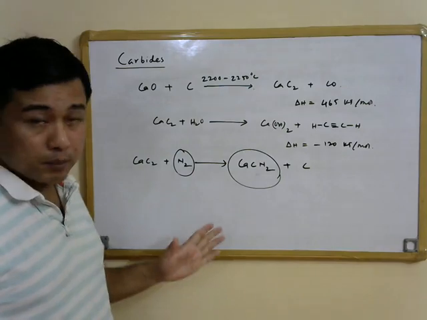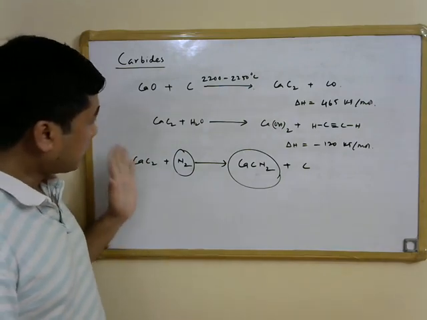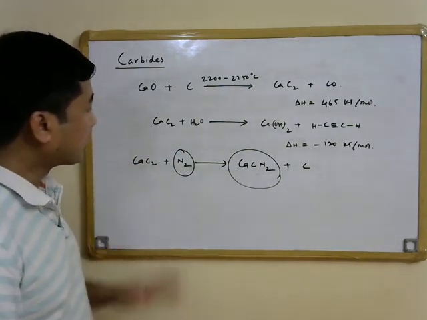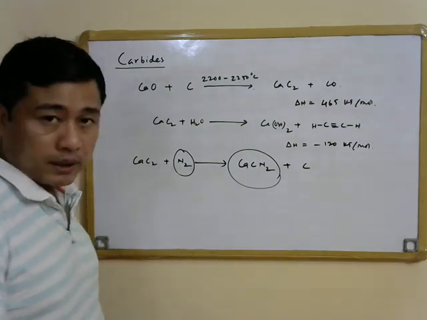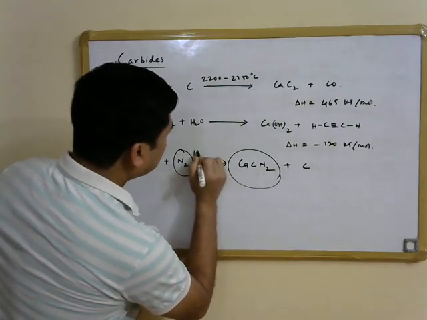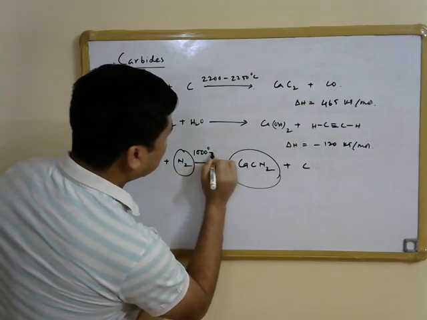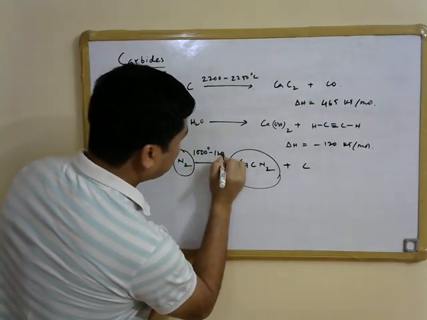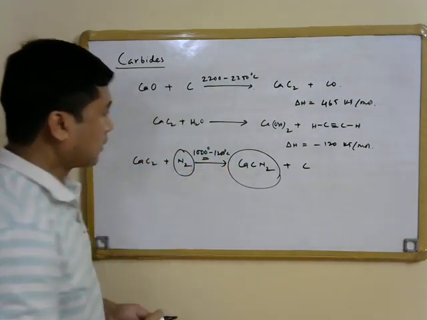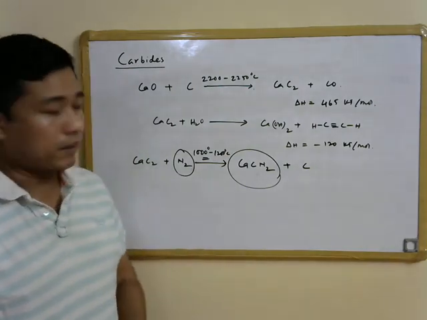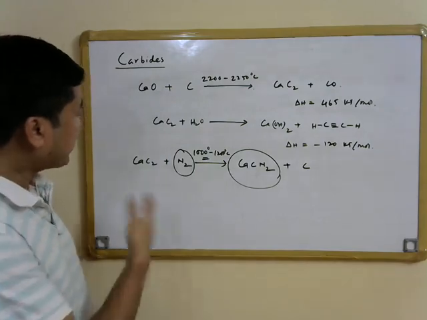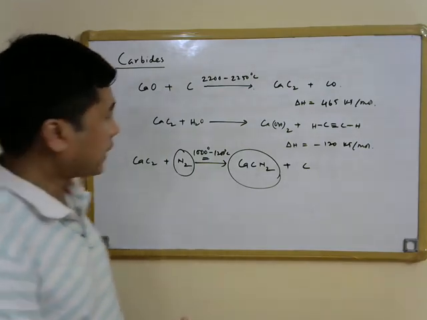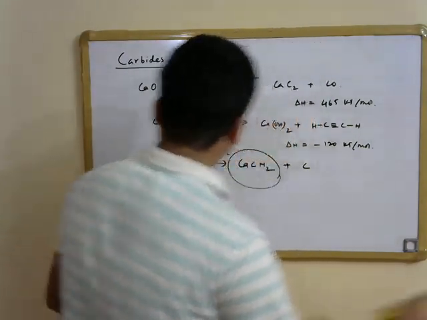This is an alternate procedure where one can fix atmospheric nitrogen with calcium carbide to give calcium cyanamide, which is again used as a fertilizer, and this reaction is done at around 1100 to 1200 degrees Celsius, at a much lower temperature than the Haber process. So this is another application of calcium carbide, as it can fix atmospheric nitrogen.